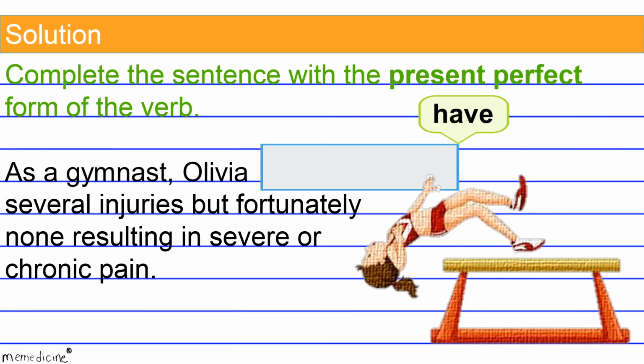All right, back to the original question, now for the solution. Again, the present perfect tense tells about something that has happened or has already started. It uses a present tense form of the helping verb to have, which is going to be has, H-A-S, for singular third person subjects. In case you're wondering what a singular third person subject looks like, an example would be a gymnast.